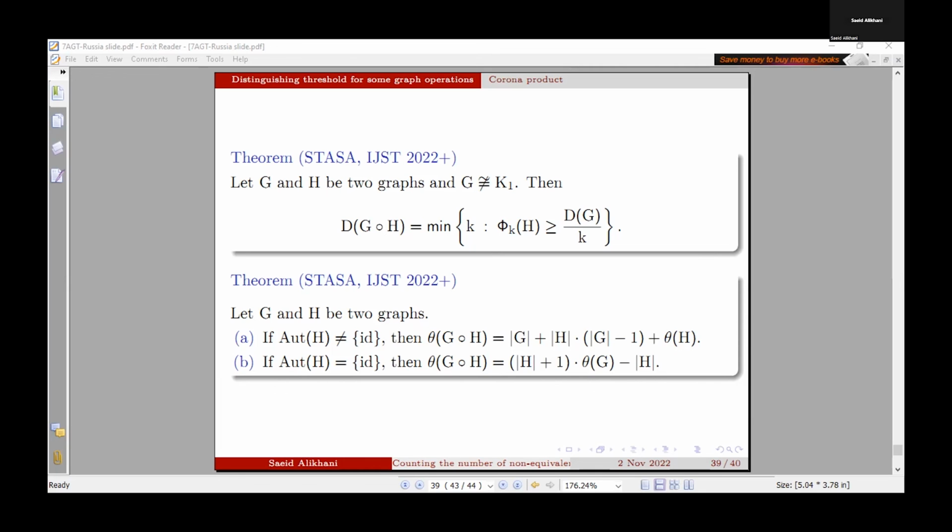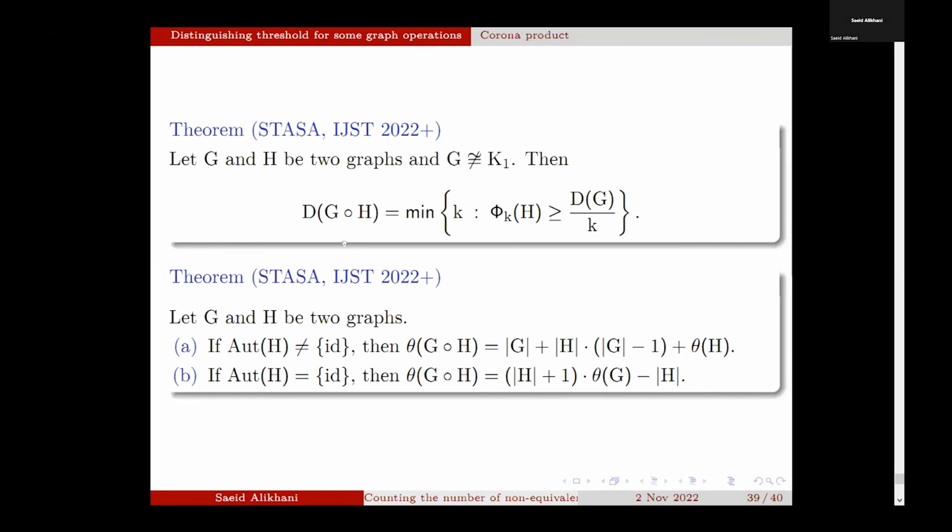Then the corona product, denoted by G circ H, is obtained by one copy of G and a number of copies of H equal to the number of vertices, one above each vertex of G. For example, I put the graph H here and then connect this vertex to all vertices in the copy, and do this operation also for another copy of H here and so on. Okay, so this kind of operation is the corona of graphs.